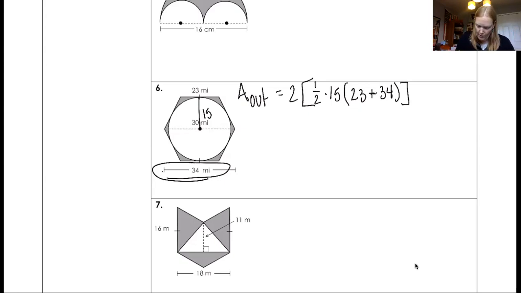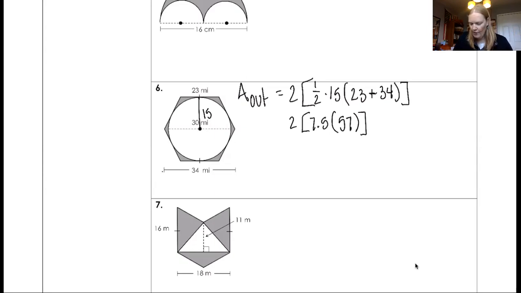Okay, so let's get rid of those things. So let's do this. It's 2 parentheses. 1/2 of 15 is 7.5. And 23 plus 34 is 57. So using order of operations, I did what was in the parentheses, and then I did this multiplication. And now I'm still working inside the parentheses and brackets in this case.